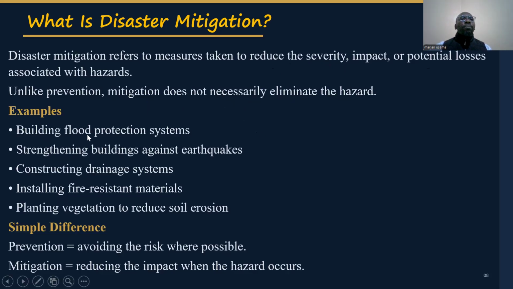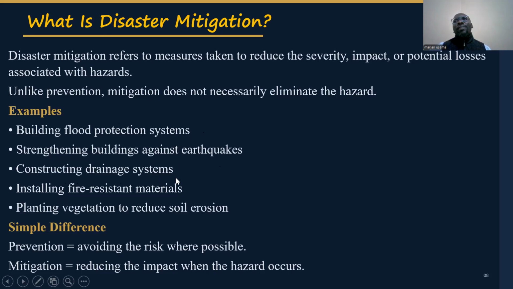For example, building flood protection system. We can build flood protection system. But still, maybe the flood system can be overrun by the water, but we are just building it to minimize. Strengthening buildings against earthquakes. We are going to strengthen our buildings, but still, the effect of the earthquake will be there, but not that much.